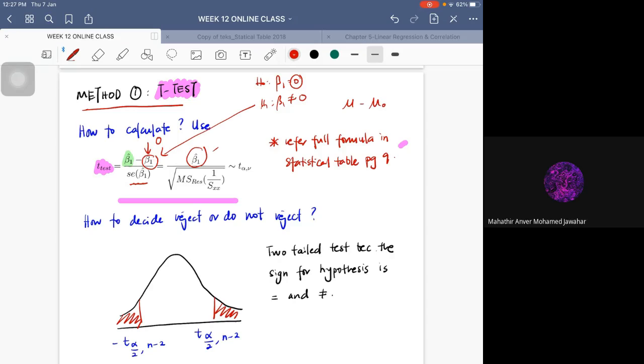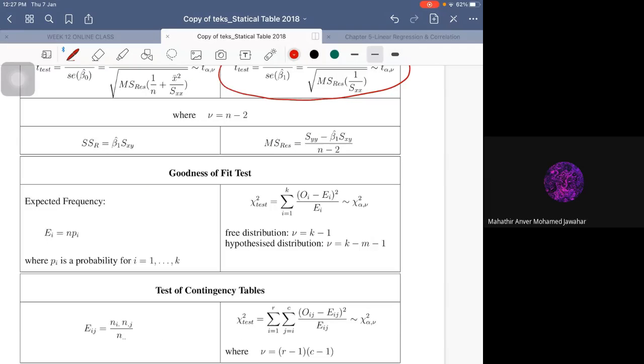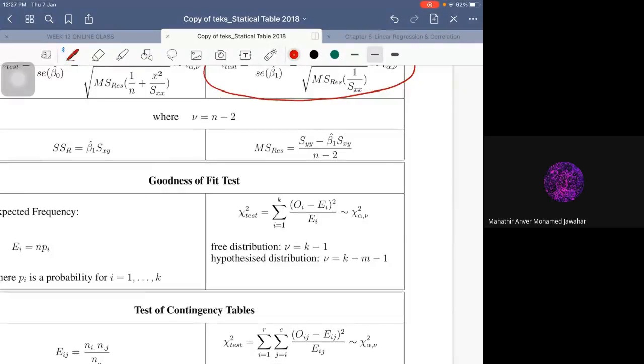However, there are also certain cases where they don't give you this value. So you have to use this formula: the standard error of beta 1 is given by the square root of the mean square residual multiplied by 1 over Sxx. And the formula for the mean square residual is down here: mean square residual is given by Syy minus beta 1 hat Sxy, over n minus 2.